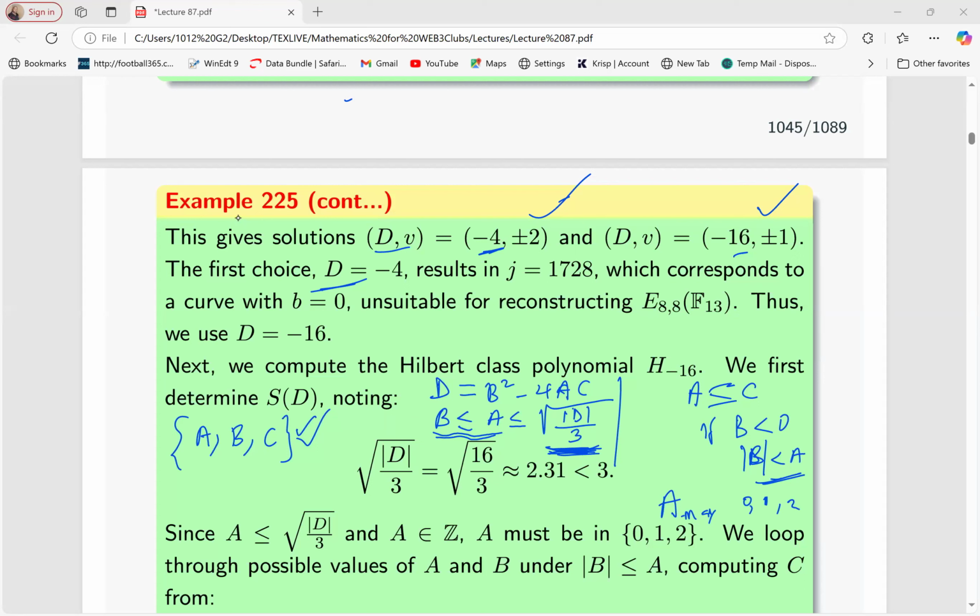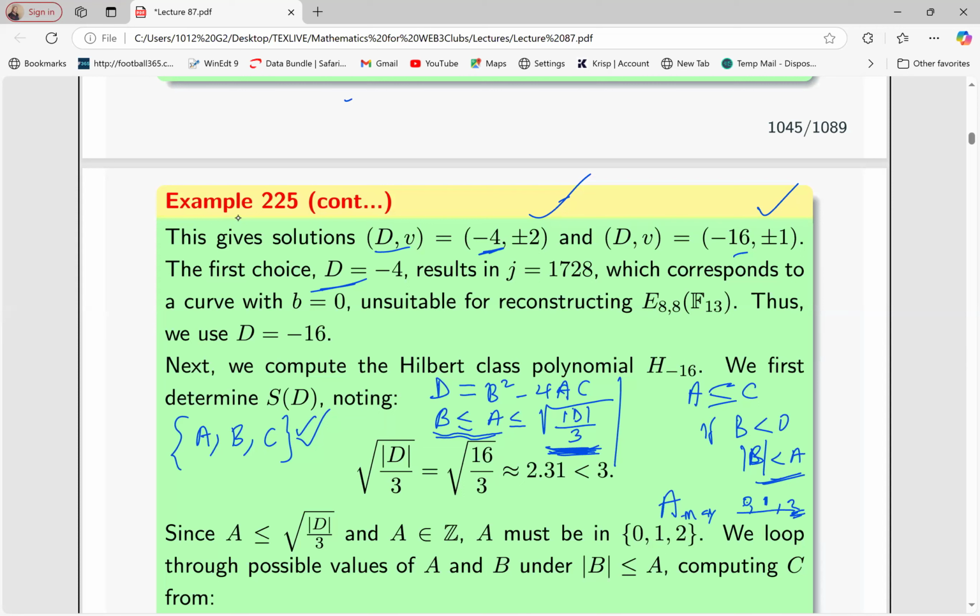Supposing the maximum A is 2, then the code is supposed to loop through all the points between 0 and 2, inclusive, to find out which one is A. It's likely that not all of these will be A, maybe one or two of them will be, so it will loop through to find the correct A to be used.